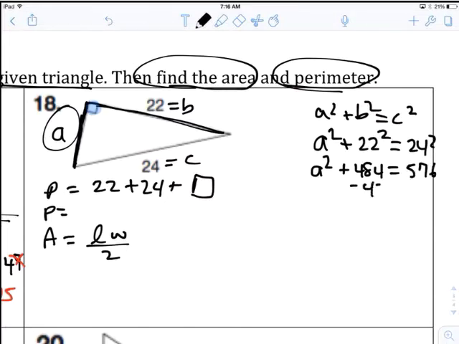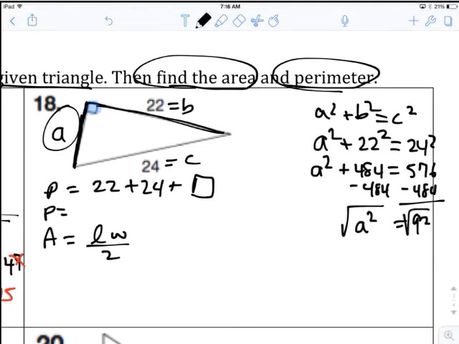Subtract 484 from both sides, and you get 92. Why can't it be 90 or 81? It would be easy. 92 equals A squared.